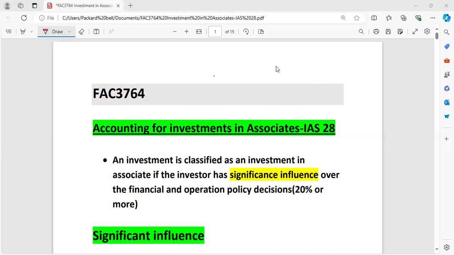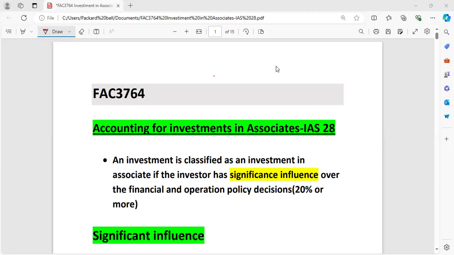I want you to notice the difference between IAS 28 and International Financial Reporting Standard 10, so that when you are answering your questions, you know how to treat these two standards.